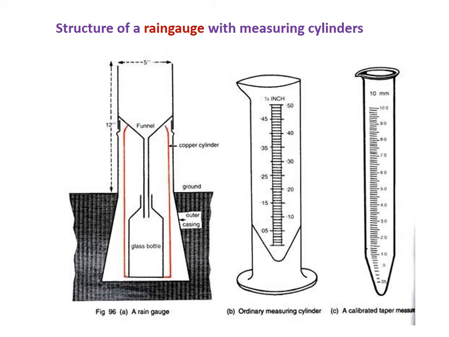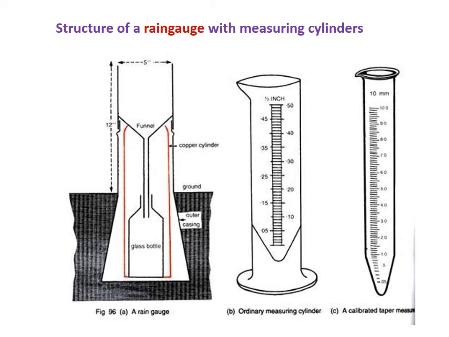These liters of water will then have to be converted into millimeters. So you have the second figure of an ordinary measuring cylinder, and then another measuring cylinder which is marked in millimeters. That kind of measuring cylinder is most suitable and usually supplied with the rain gauge, so that you can make a direct measurement of the rainfall.